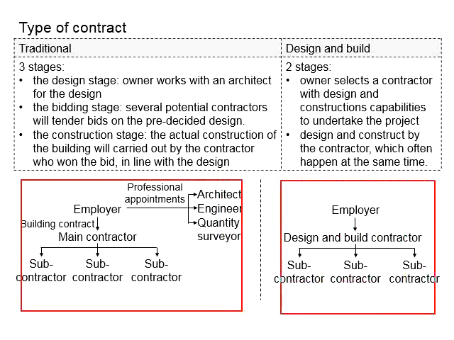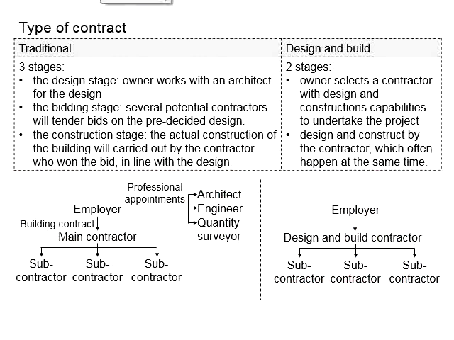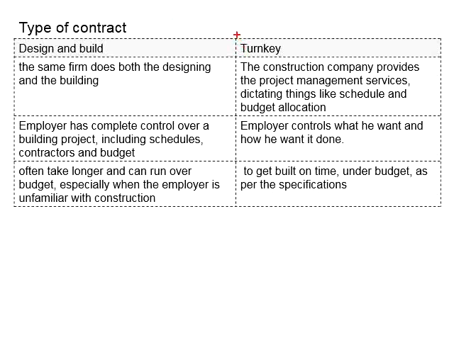Now that you know the differences between the traditional and the design and build project, let us look into another one, the turnkey project. You know that the design and build project is where the same firm will do both designing and building of the project. In terms of the operations, for the design and build project, the employer has complete control over the building project, including schedules, contractors, and budget.